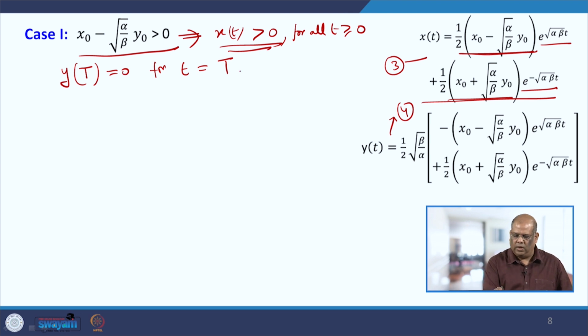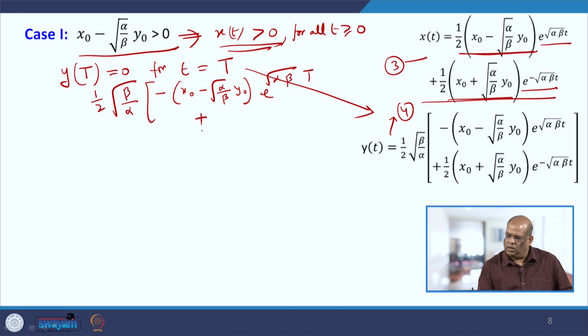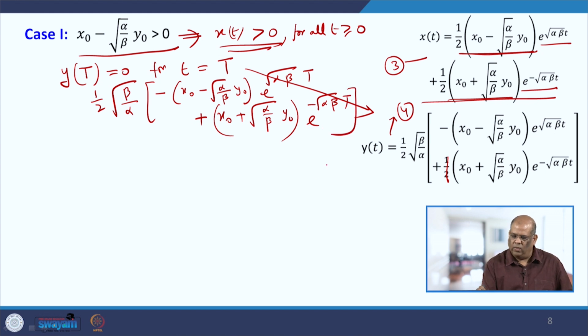I will substitute this value here, and I will get root of beta by alpha into minus x0 minus root of alpha by beta into y0, e to the power root of alpha beta capital T, plus, sorry, this root won't be there, x0 plus root of alpha by beta into y0, into e to the power minus root alpha beta times capital T, and this value is equal to 0 for some value capital T.